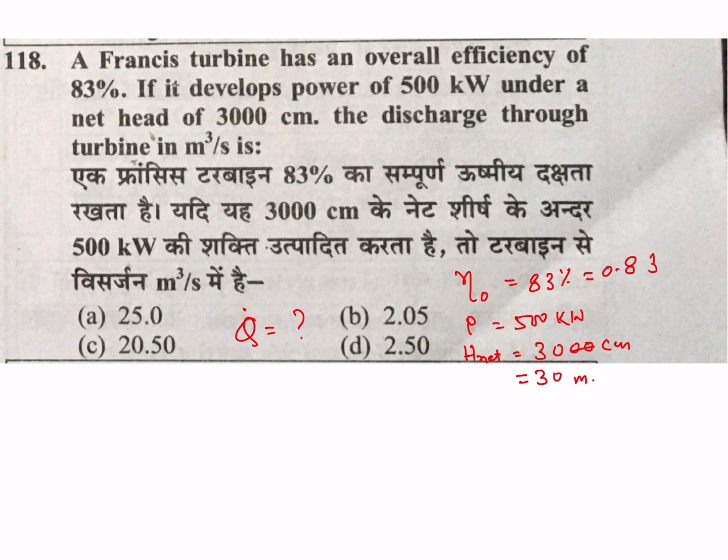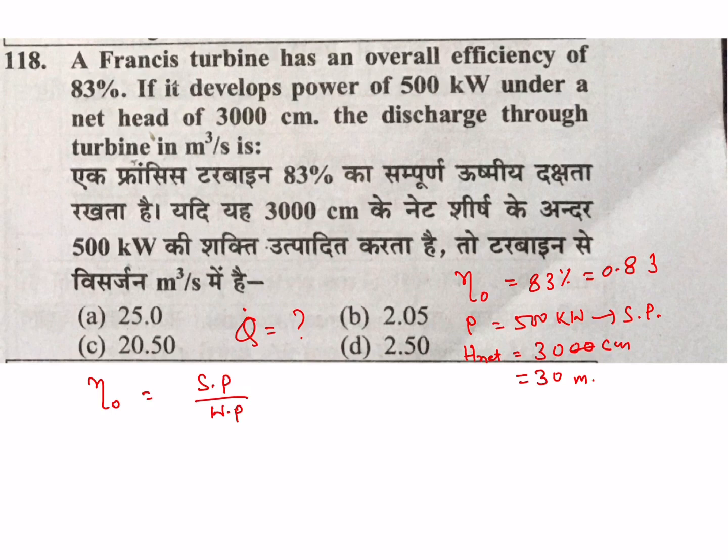Then the power is your shaft power, SP. No other data given. Okay. Overall efficiency is shaft power divided by water power.